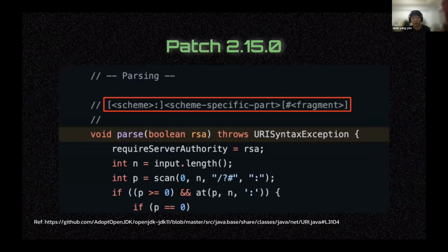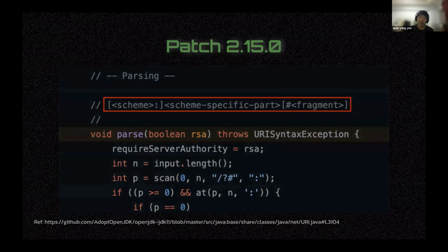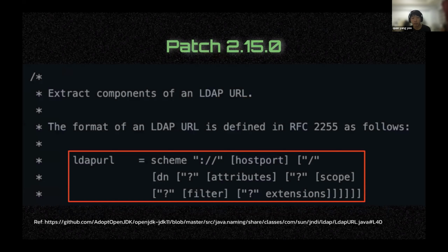They are basically trying to pass a URL into that graph format. But if we look at how an ldap URL is being passed, we can start to see differences here. So this is how the ldap URL is being passed.